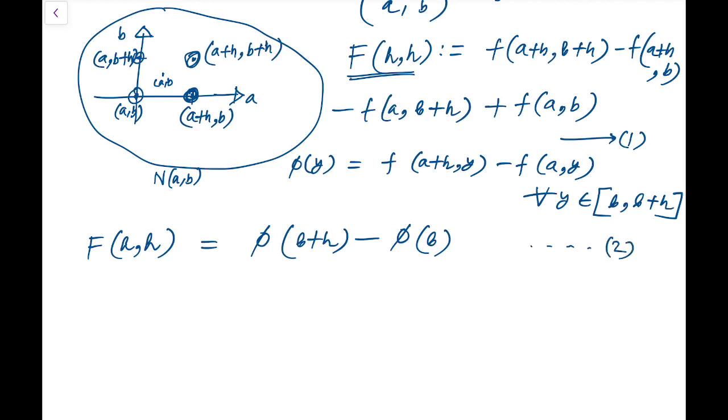Suppose this is equation number 2. Because we defined phi of y in such a way, if we put b plus h in place of y minus if we put b in place of y, then we are getting the F(h, h) function. Okay.